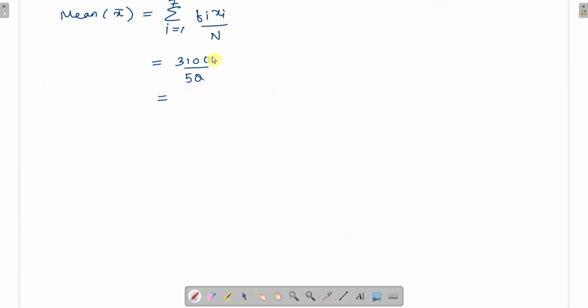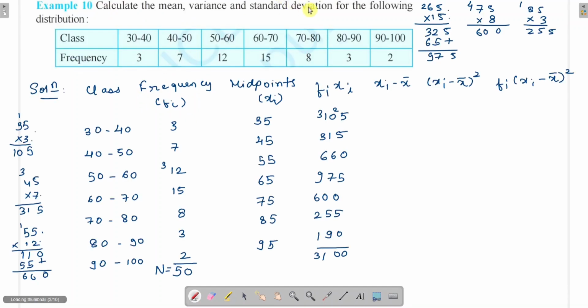So the 0 gets cancelled. 5 1s are 5, 5 6s are 30, 1 remains, 5 2s are 10. So 62. So x bar is 62.